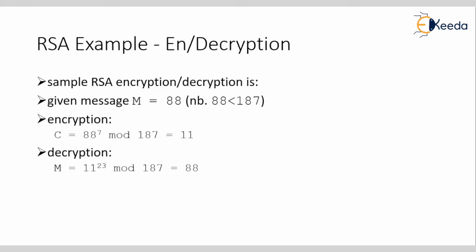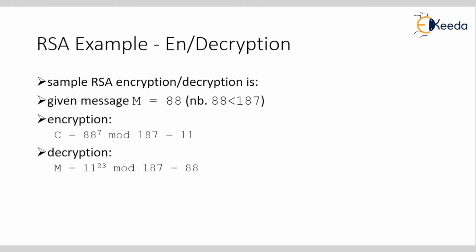RSA encryption and decryption. Encryption gives the ciphertext of your plain text message. If we consider the plain text message M as a numeric value of 88, the encryption gives you the ciphertext 11.